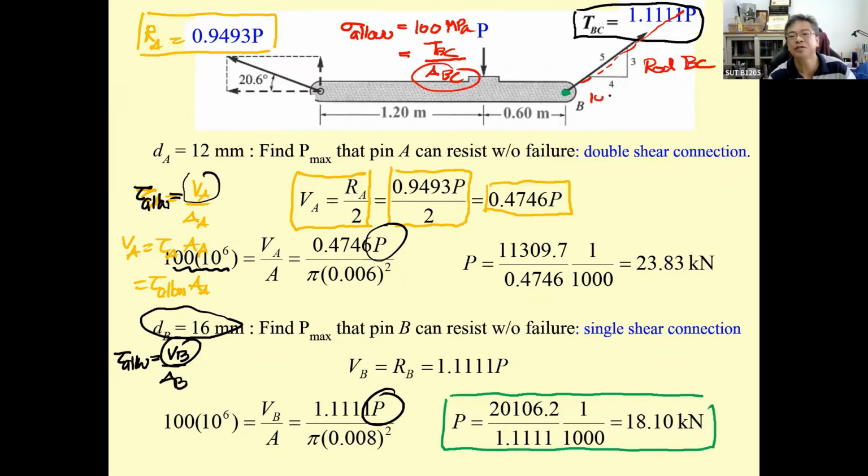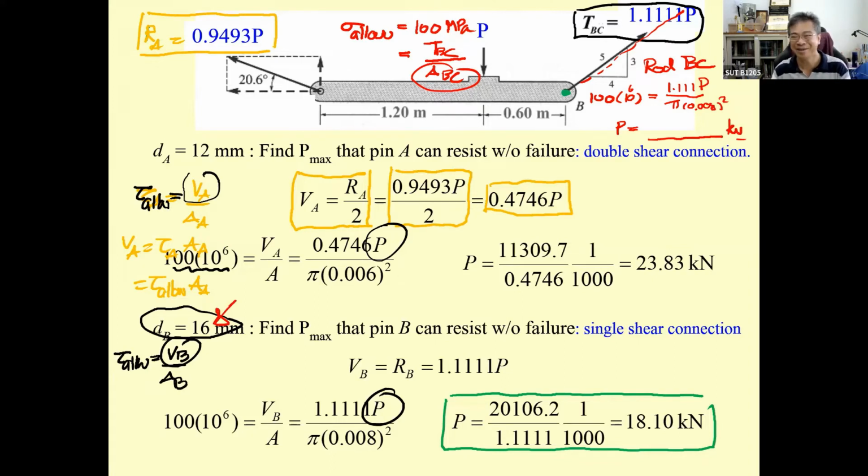By doing this, you will have 100 power 6 equal to 1.111P. And then what is the size of this? Let's put the size of 16 millimeter. So this is going to be pi times 0.008 squared. Now you can determine the P equal to something kilonewton.